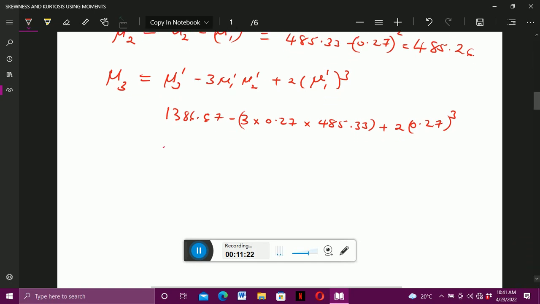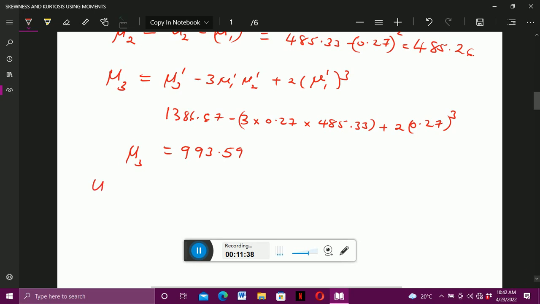When we work out that, we get mu3 is 993.59. So that's the third moment about the mean.